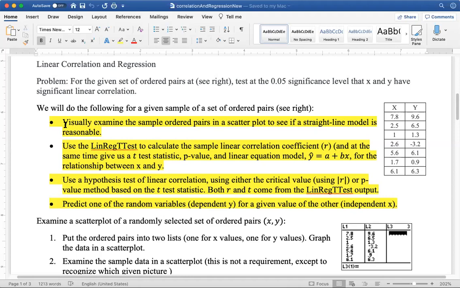Things we're going to do. We're going to visually examine the data, similar to what I've been showing you. We're going to take the ordered pairs and plot those. And then, skipping down to the third item here, we're going to do a hypothesis test of linear correlation. We're going to set up a hypothesis that there is no correlation.